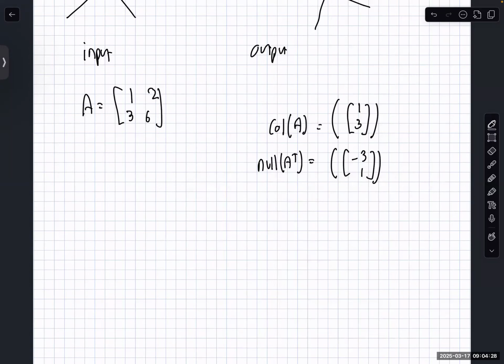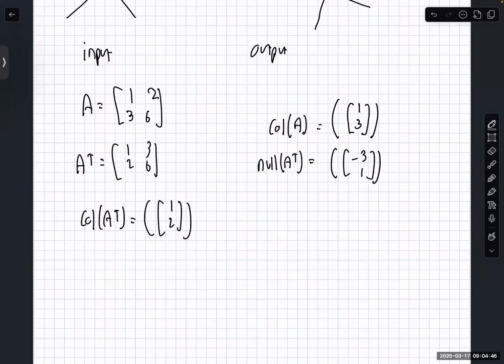Okay. On this side, so there's A. Let's just keep A transpose over here. The column space of A transpose is described by 1, 2. And the null space of A looks like this.